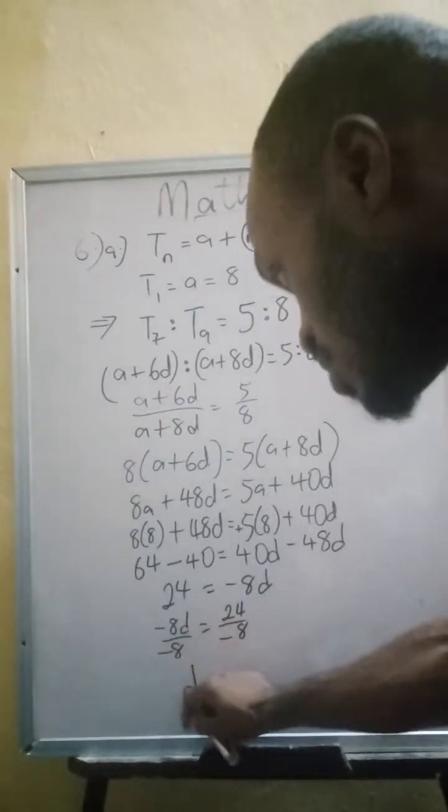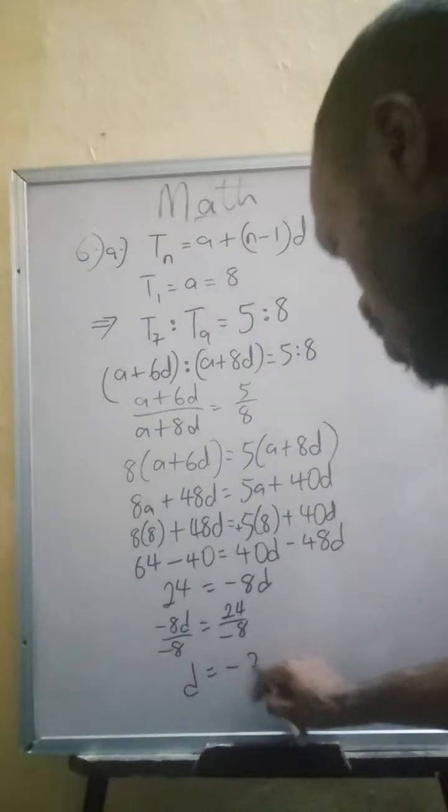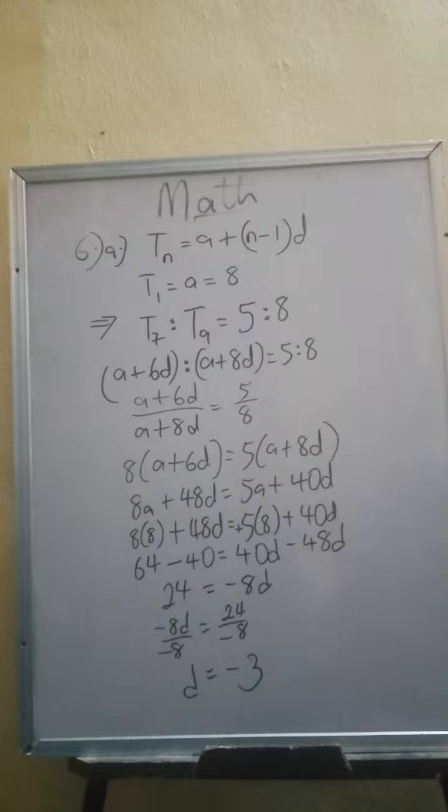Now, the essence of dividing is to simply find d. So d is minus 3. And there you go. The question says find the common difference, and we found the common difference, which is d. It's minus 3.